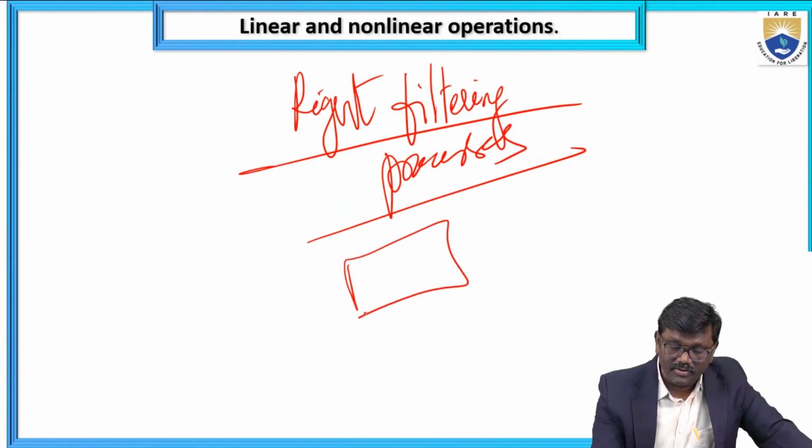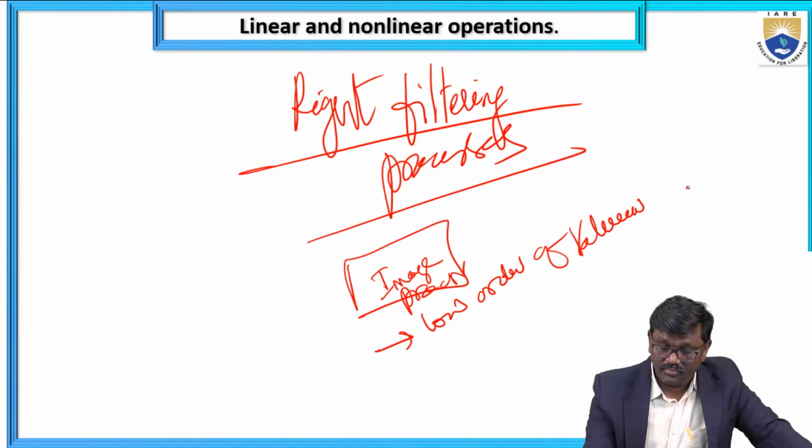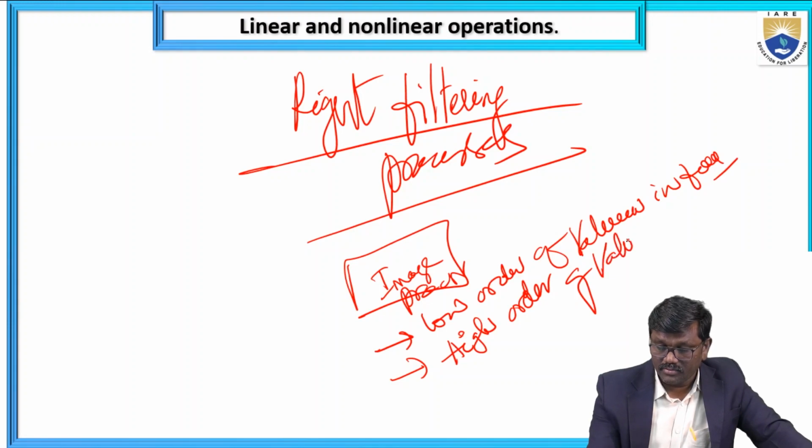You are going to use your image processing in terms of the low order of the values in frequency and the high order of the values in frequency.